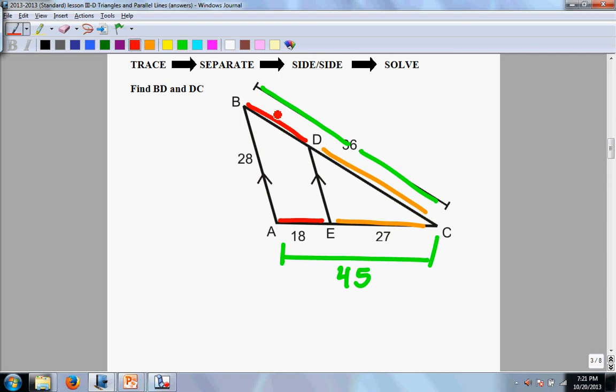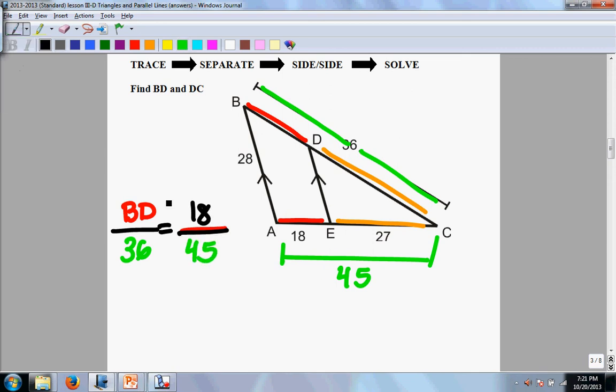I can go BD over 36 equals, and then the match to BD is going to be 18 over the match to 36 is 45.